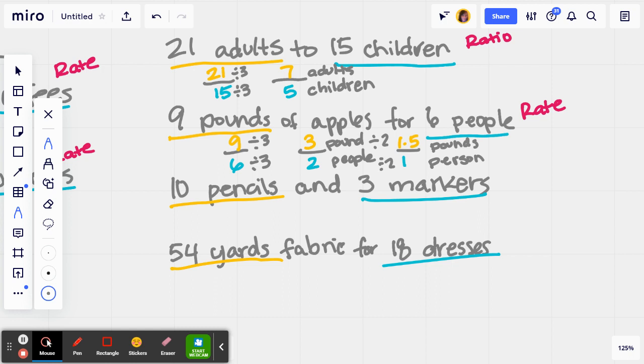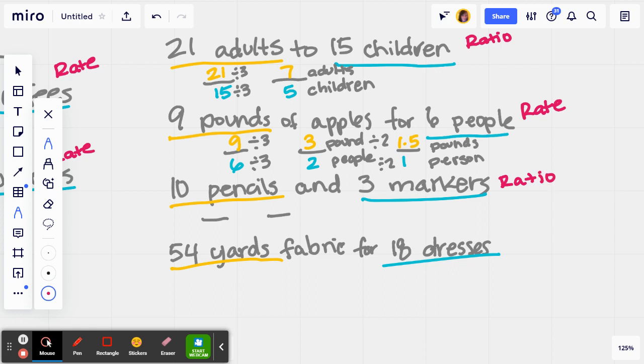All right, let's look at the next one. Are we looking at a rate or a ratio? We are looking at a ratio. You might say pencils and markers are different. Yeah, but we're counting them, aren't we?